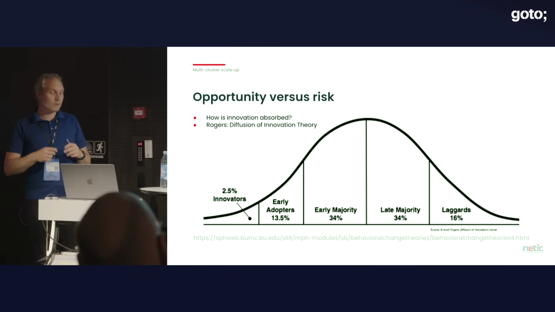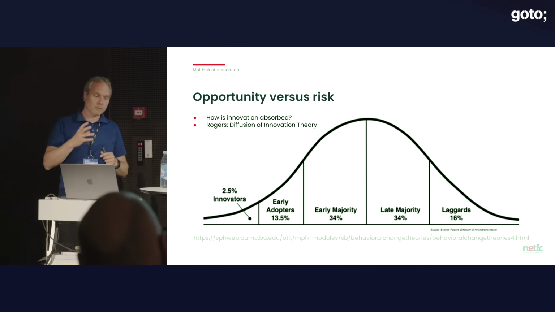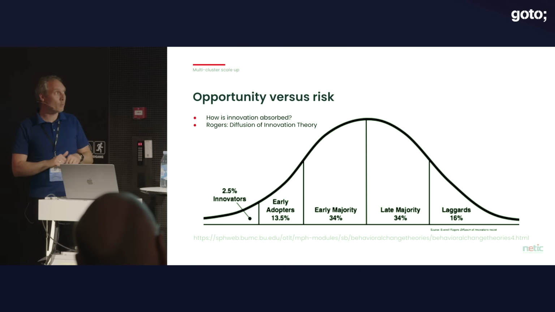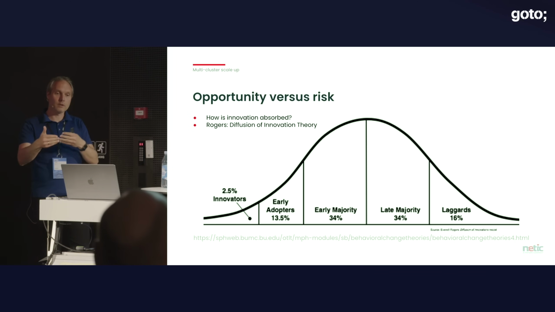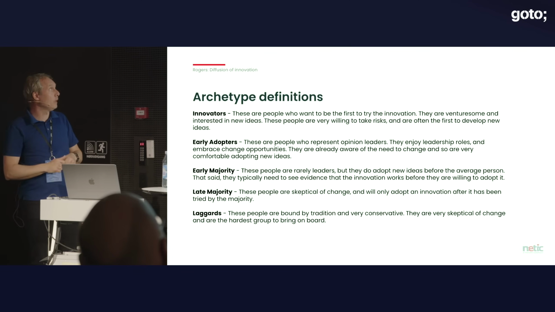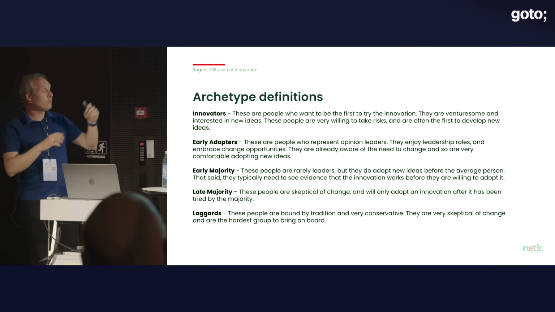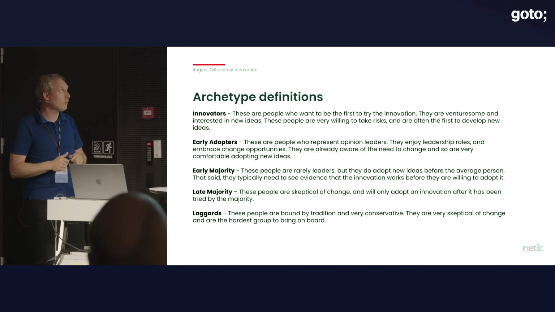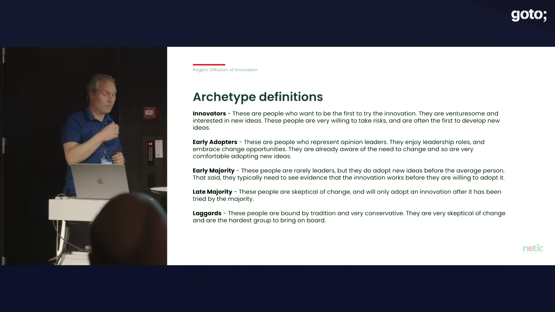Some early adopters see there's some opportunity here, but we just want it to mature just a little bit, and so on. So basically, it's a trade-off between opportunity and risk, and there is a little bit more detail on how these categories of people are described.